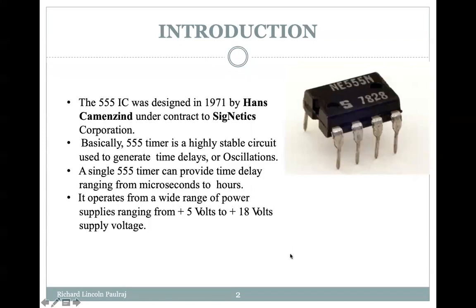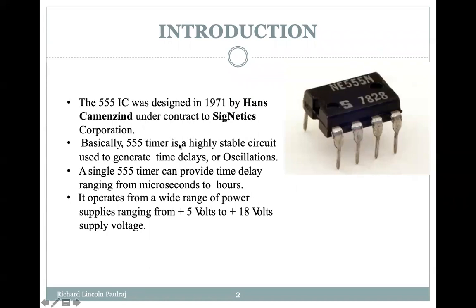So, we will get into some of the basics of this 555. The 555 timer was actually designed in 1971 by Hans Kamenzind, and he was connected with Signetics Corporation.